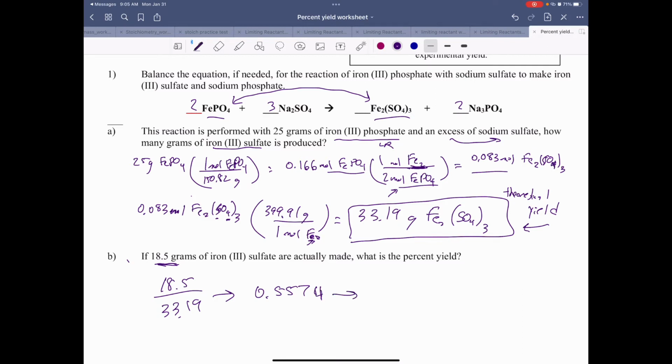But remember, when you convert that into a percent, you move the decimal over 2 spots, and this becomes 55.74%. So 55.74% yield.